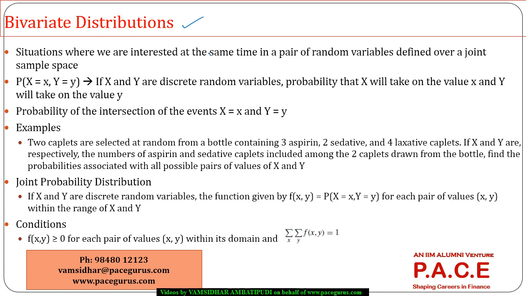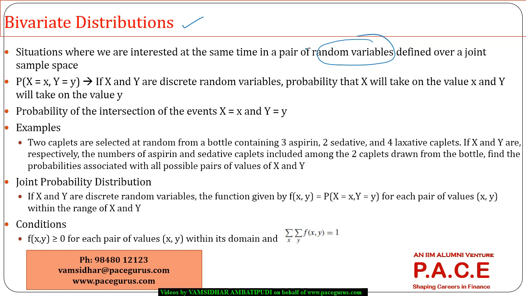So there are situations, a lot of business related examples, where we are interested in evaluating the relationship between a pair of random variables at the same time, not individually. We are interested in looking at both of them together.